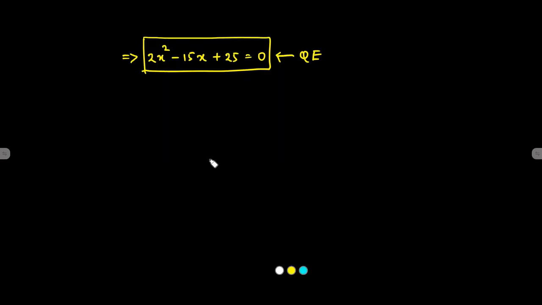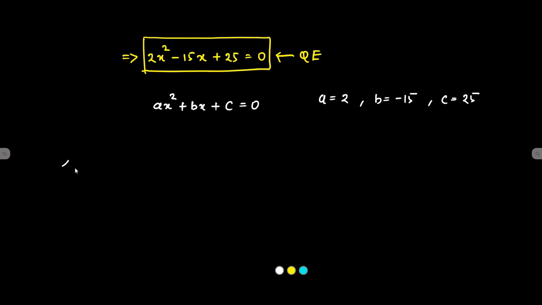So comparing it with the standard format, ax square plus bx plus c is equal to 0, we get a is equal to 2, b is equal to minus 15 and c is equal to 25.